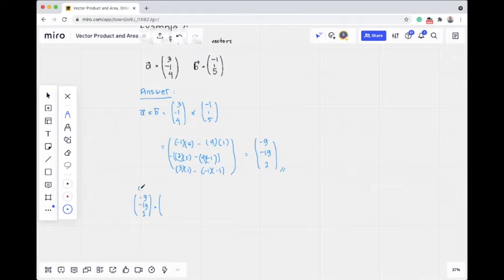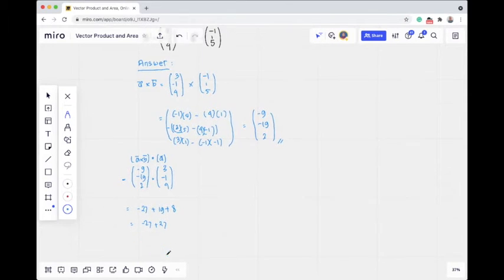So this is A cross B, dot A, 3, -1, 4. -27 plus 19, and then plus 8. So -27 plus 27. So this is 0.